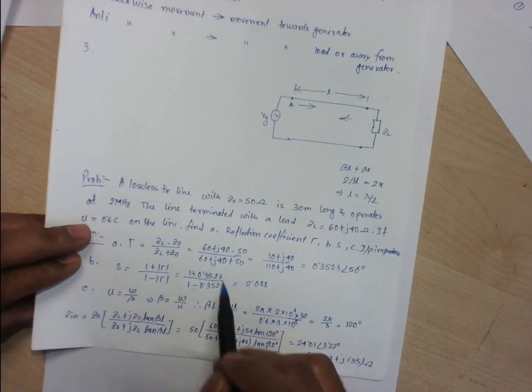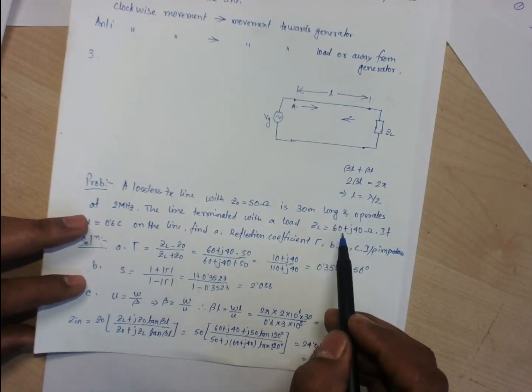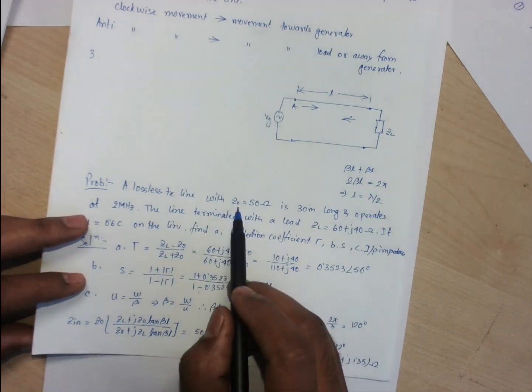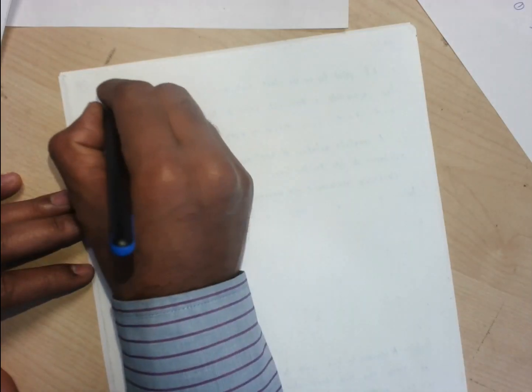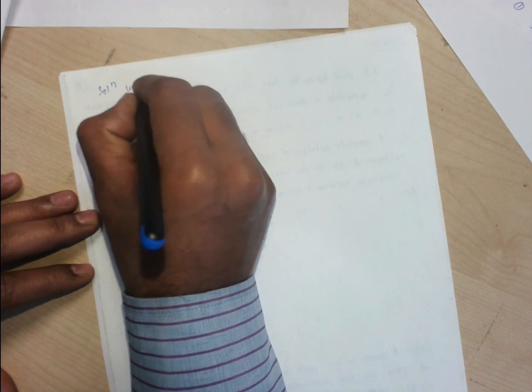So first of all we need to normalize all of the impedances. Load impedance is given, we need to normalize it with respect to the characteristic impedance, ZL by Z0. So it is the solution using Smith chart.